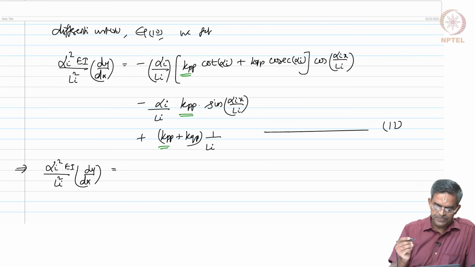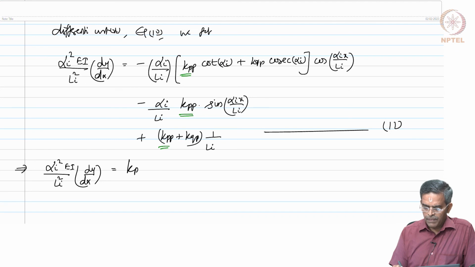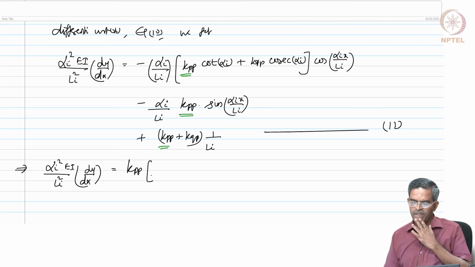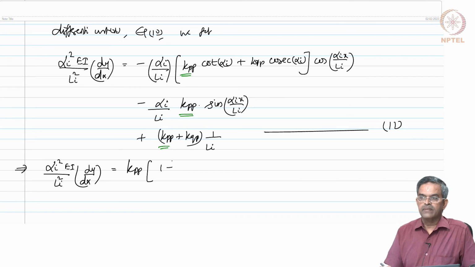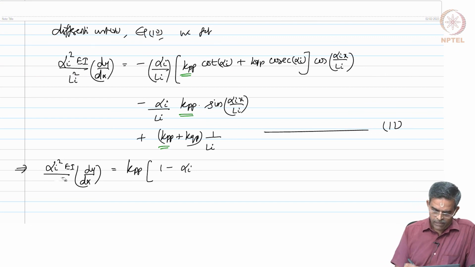Let us group them, which will become KPP times of 1 minus alpha I, let us say this is Li.